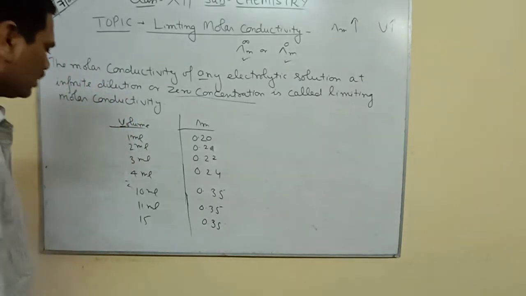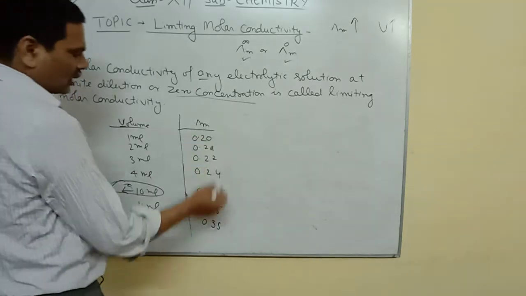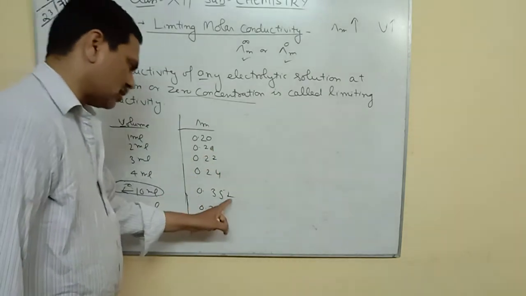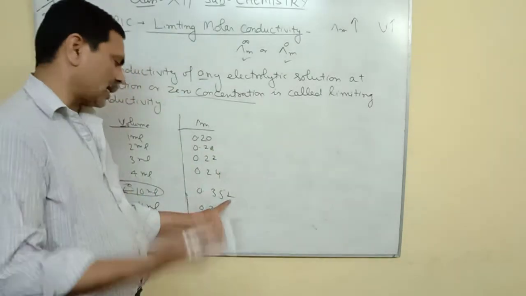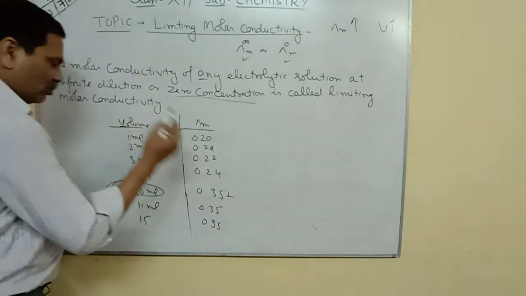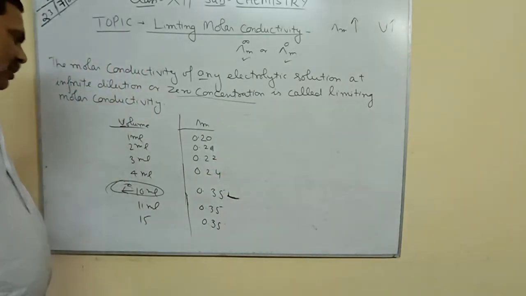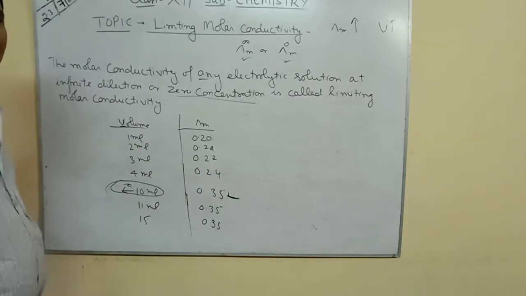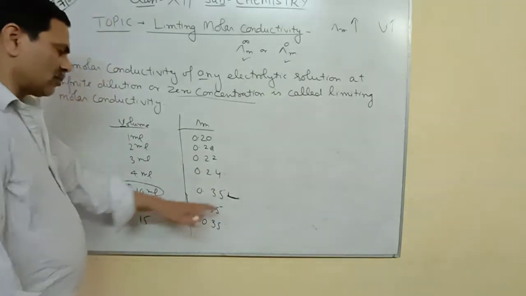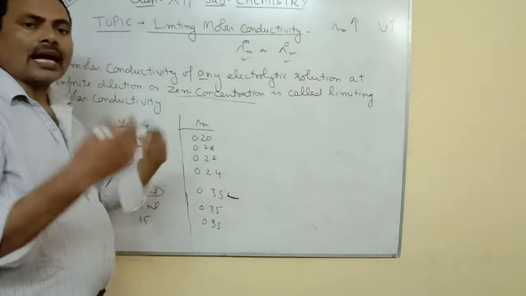I mean to say, this is the volume of the electrolytic solution where molar conductivity becomes saturated. After this value, the magnitude of the molar conductivity does not increase. That is called limiting molar conductivity, because after that, whatever amount is added, molar conductivity does not increase. And this depends on the type of electrolyte.